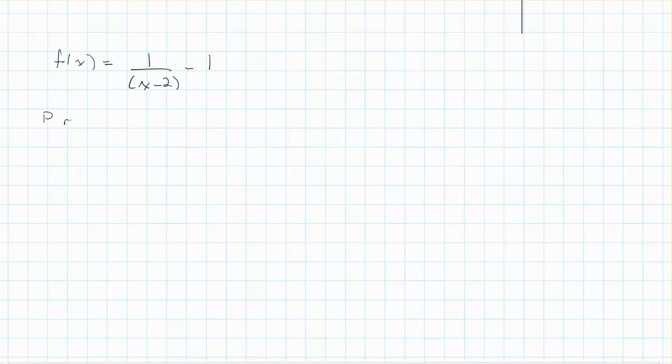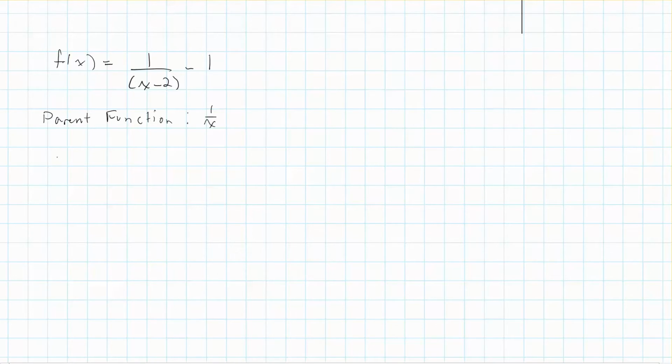Parent function. Well, what's my parent function? The parent function is simply 1 over x. And then, well, I have x minus 2 inside parentheses, so that's being done before I do the 1 over it.